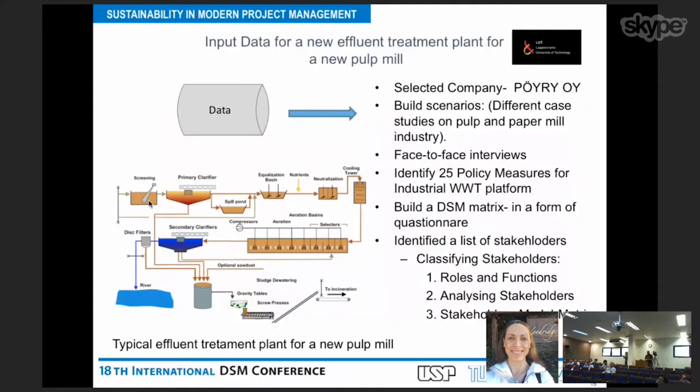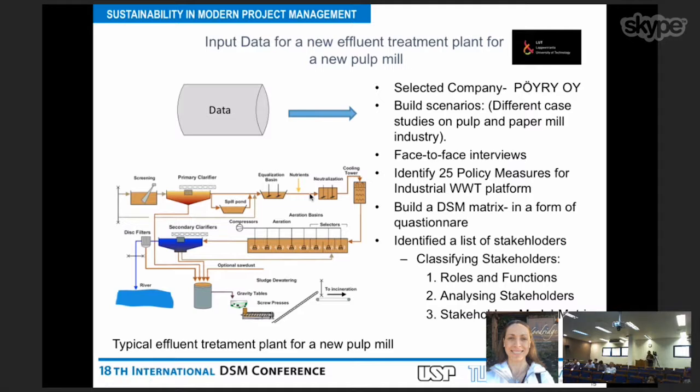So we have here a typical wastewater treatment plant, how it looks like for a pulp and paper mill, having the different units here, and how also all these units, not only in the technical part, but also in environmental aspects, we have to take into consideration. What is the effluent from this plant in the environment?